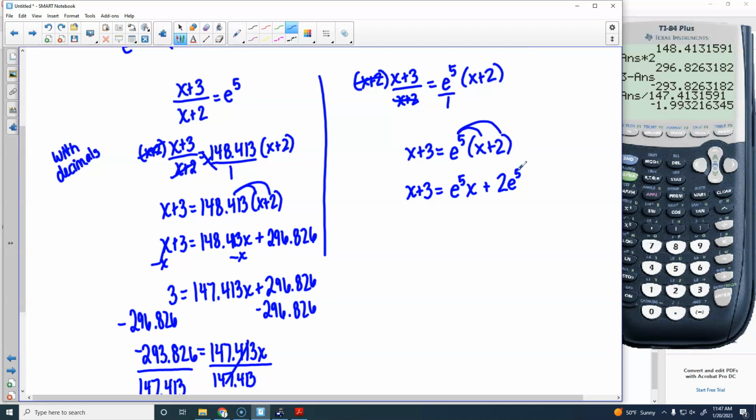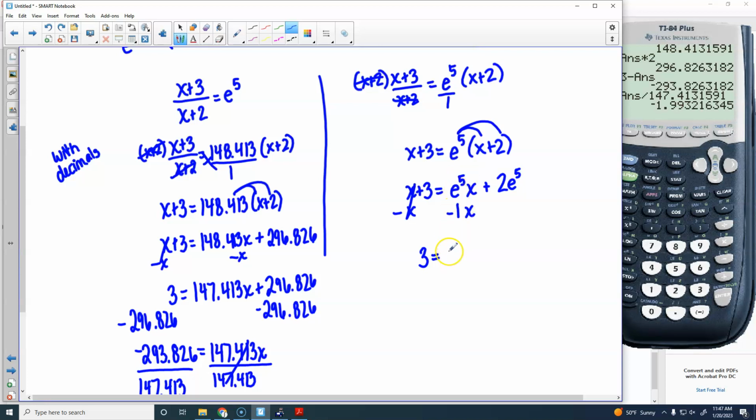Okay, so now you need to move your x like we did. So we need to subtract this x. This is where things get a little bit weird, right? Because we have e's instead. So I've got 3 equals, I can't really put e to the fifth and 1 together because they're not both in terms of e.